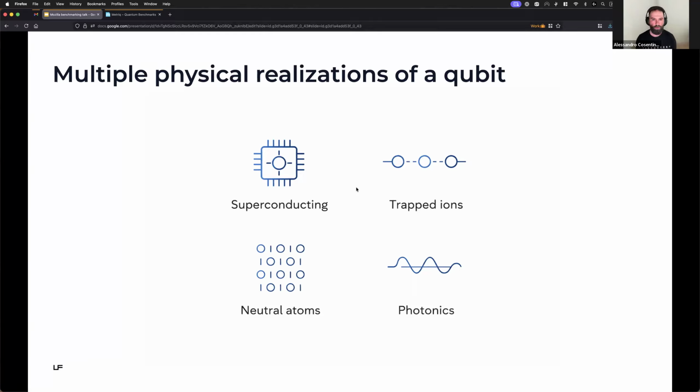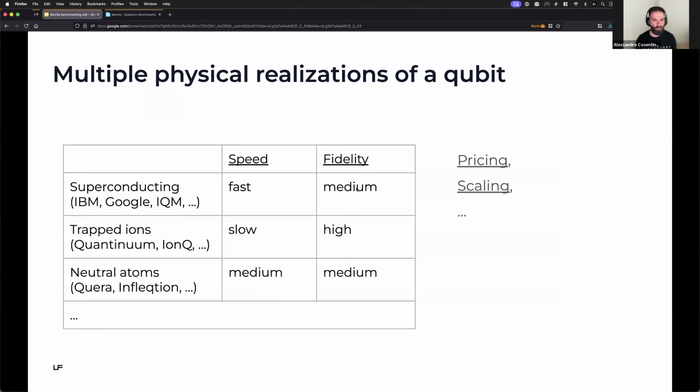So these are four modes of how you can physically realize a qubit, but there is even more than that. And for each of these modes, you can have orthogonal axes in which some of them are better than the others. So as of now, there is not a clear winner.